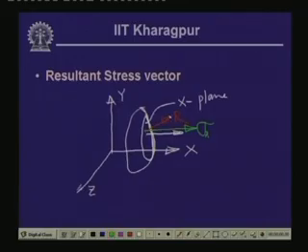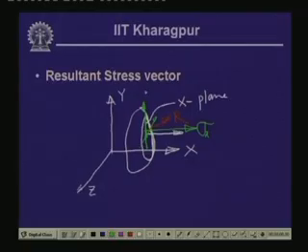If we take the component of R along the y axis, or parallel to the y axis, then in the plane we get a stress which is acting in the y direction. Also, we have a component which is acting in the z direction.